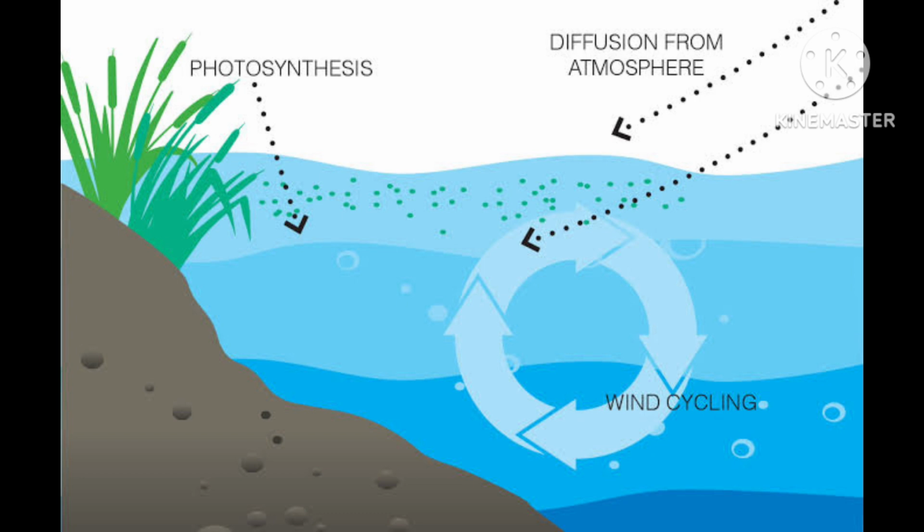Aerobic means in presence of oxygen. Here also degradation takes place, but it is aerobic. The degradation products are carbon dioxide gas and water, which are harmless. Both are harmless.